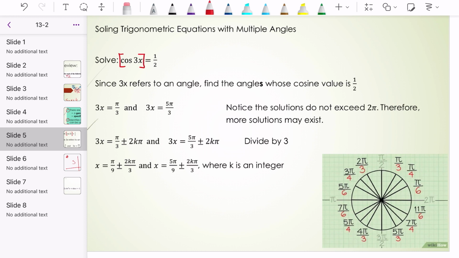Now, in this case, we're going to initially look at just cosine and everything that we have with cosine of 1/2. Cosine of 1/2 is positive because the number itself is also positive. So where would we find 1/2? We would find it at pi over 3.